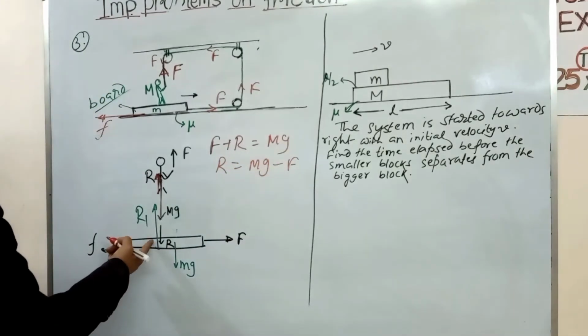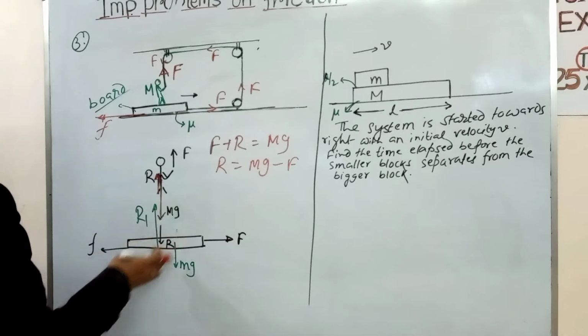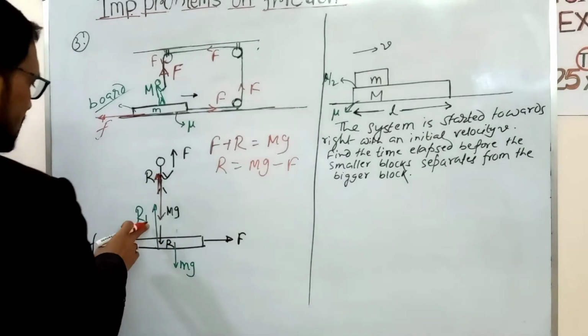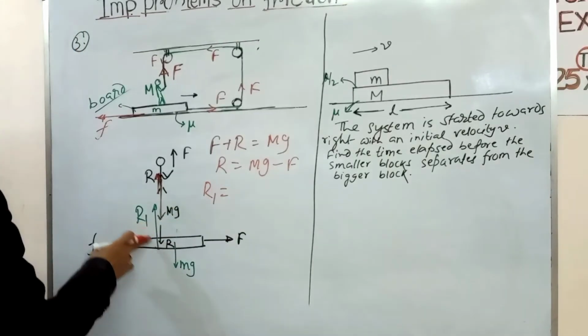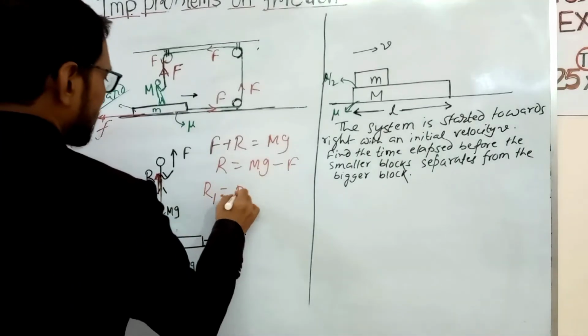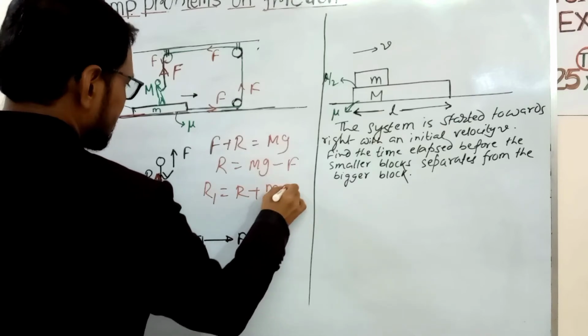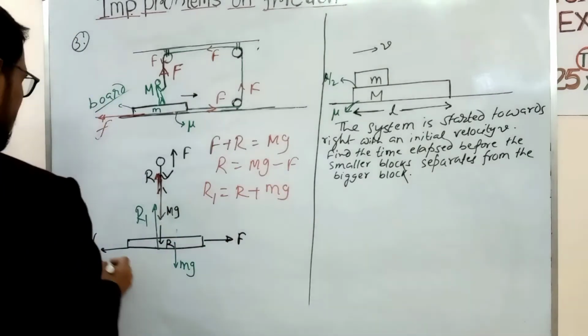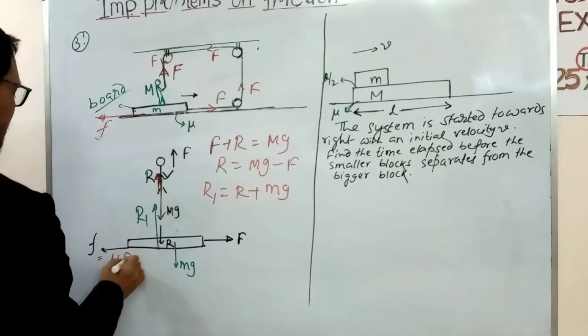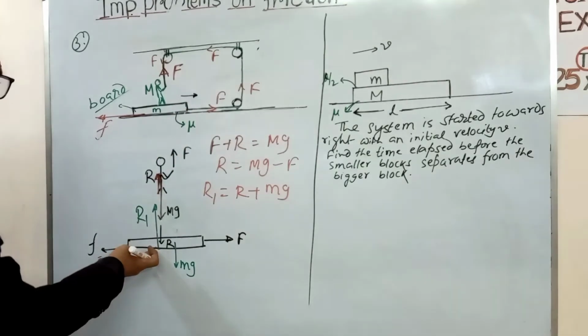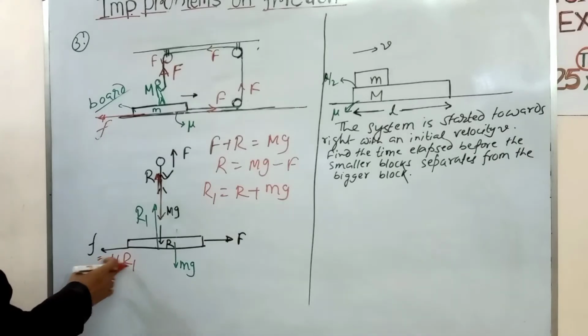Now from this, what is R1? R1 balances the sum of R plus mg. Now what is the friction? Friction equals mu, the coefficient of friction, into R1.